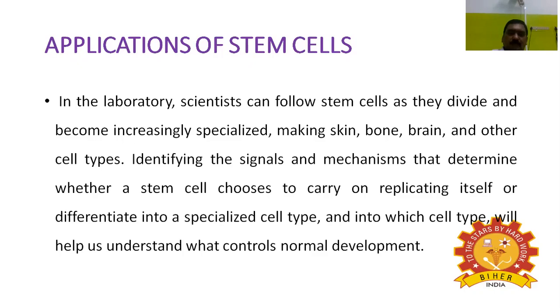Identifying the signals and mechanisms that determine whether a stem cell chooses to carry on replicating itself or differentiate into a specific cell type, and into which cell type, will help us to understand what controls normal development.